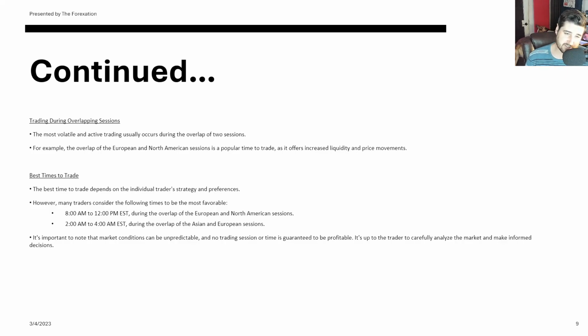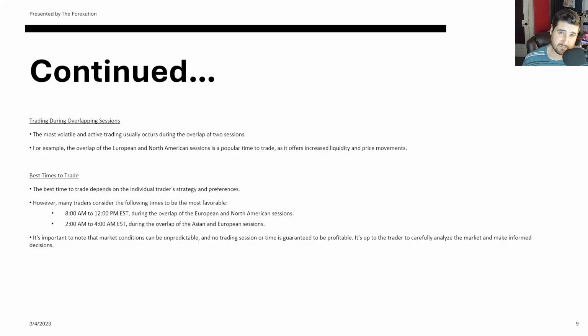Keep in mind, these are East Coast times, so just do the math to convert to your time zone. If you have a trading strategy, stick to your rules, and use proper risk management, you can be profitable at any time of day.